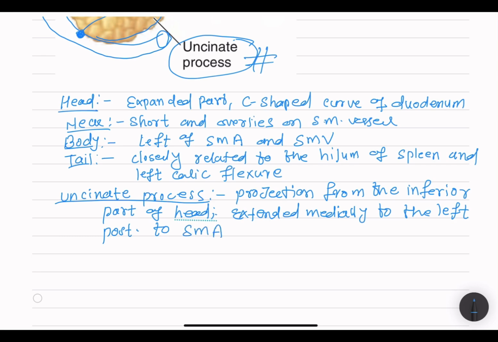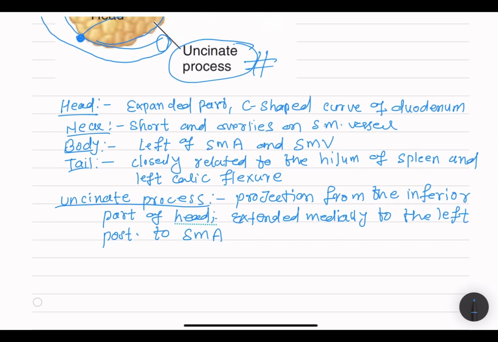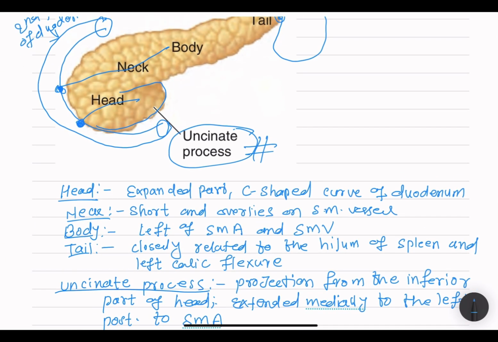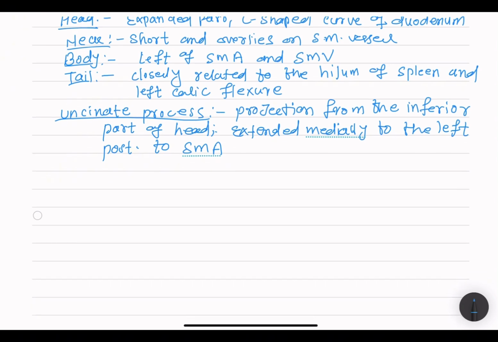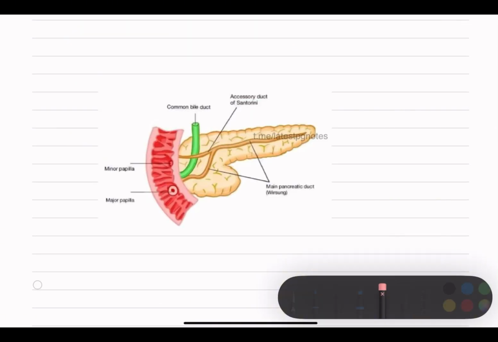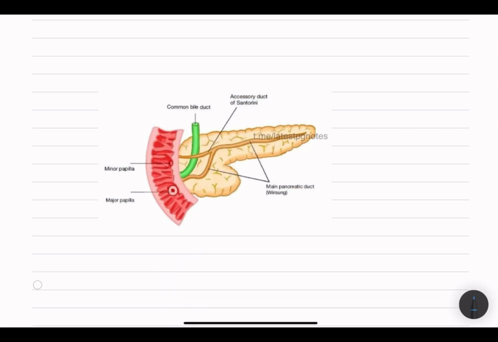We will see in a while where is the location of the superior mesenteric artery. I will discuss in detail because artery supply is very important in anatomy, so we have to see the proper artery supply. The next part of this pancreas is pancreatic duct.